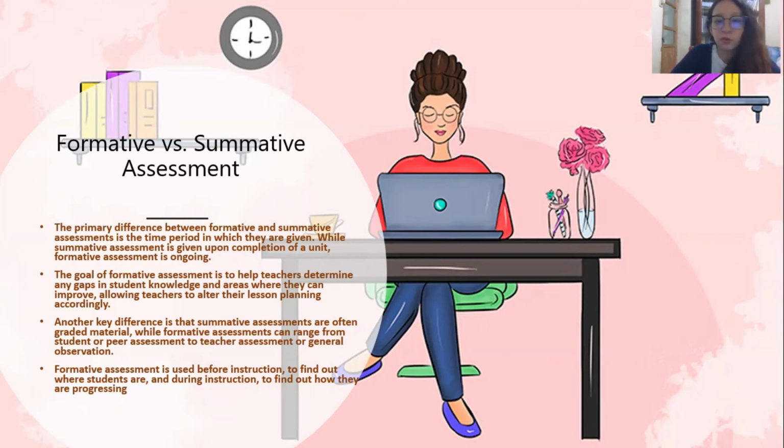So we can have very necessary information about our students to change our lesson planning and help them in their teaching learning process.